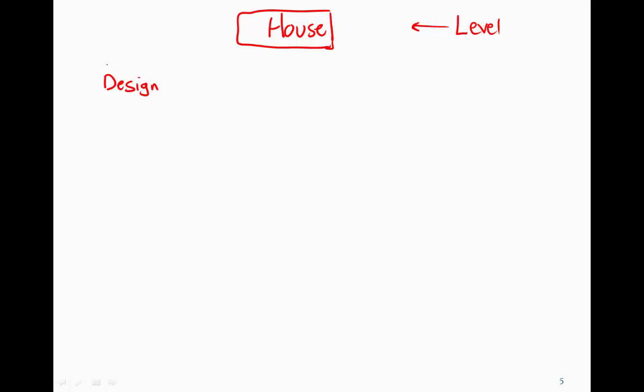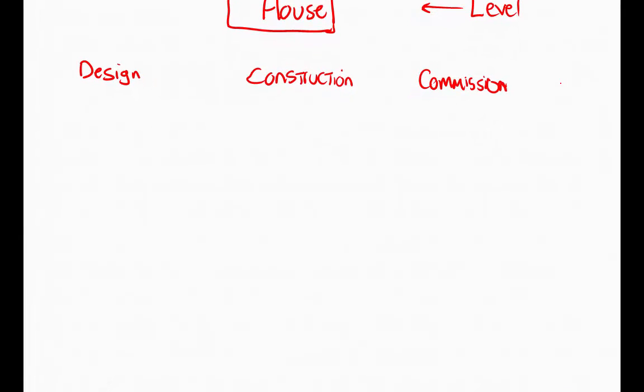The next deliverable would be construction. And the third deliverable would be commissioning. And this would be level 2 in our WBS.